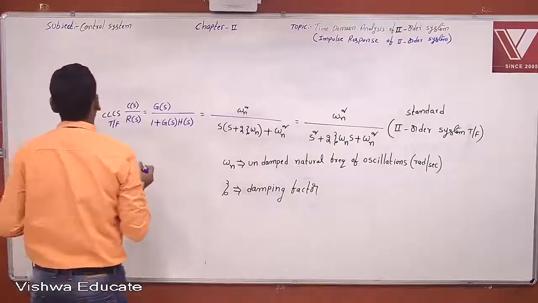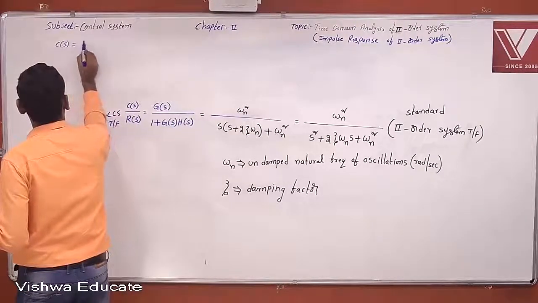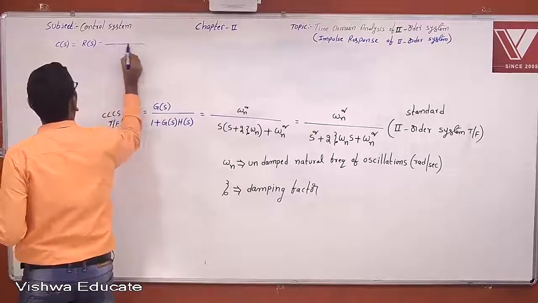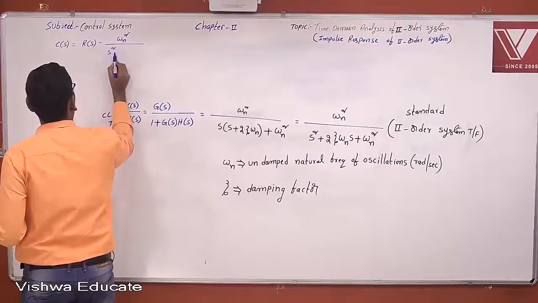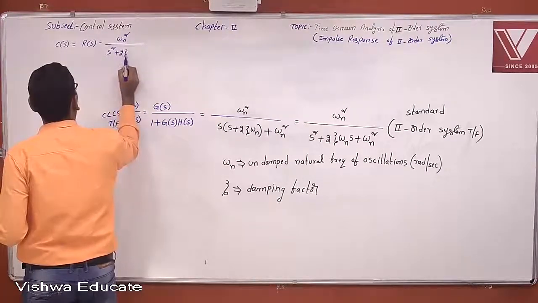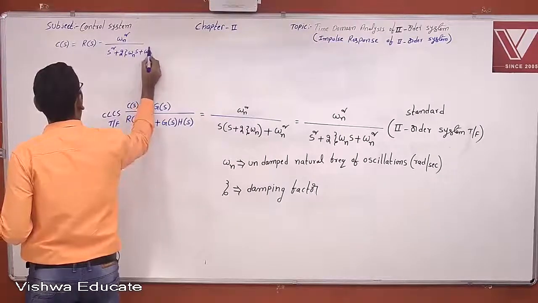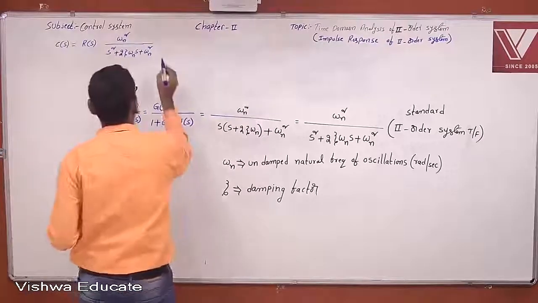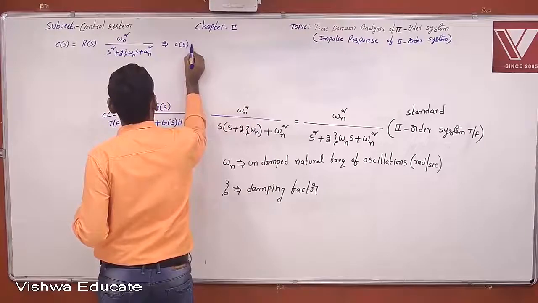Therefore, first you apply the impulse input. C of S is equal to R of S into omega n square by S square plus 2 zeta omega n into S plus omega n square, which is nothing but C of S.